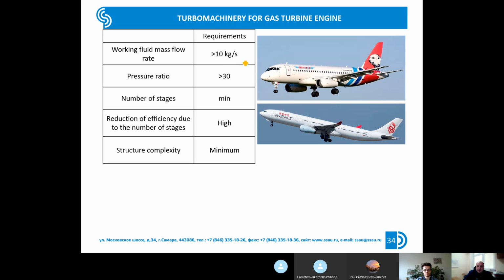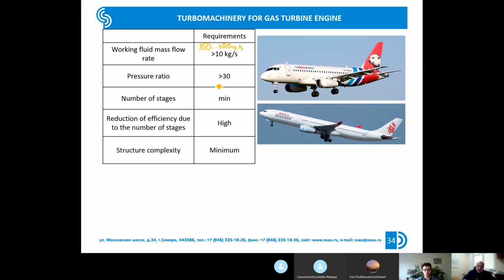Usually, it's a huge mass flow rate. For example, an engine like the CFM56 has a mass flow rate of approximately 315-400 kilograms per second. That's why the typical mass flow rate for a gas turbine engine is more than 10 kilograms per second.